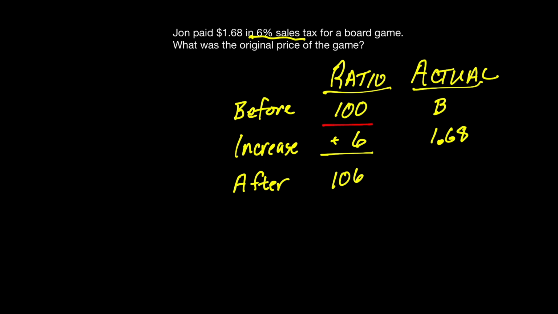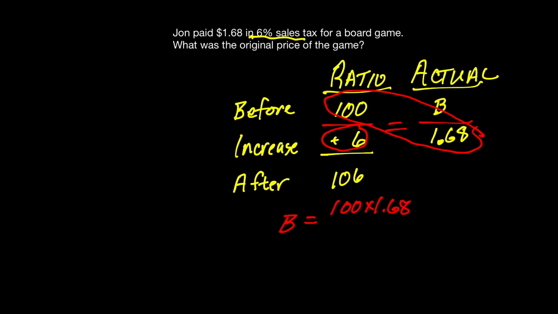So I could make this into a ratio problem where I cross multiply. Take your known product, 100 times 1.68, and divide by the known factor, 6. So the before is going to be 100 times 1.68 divided by 6.